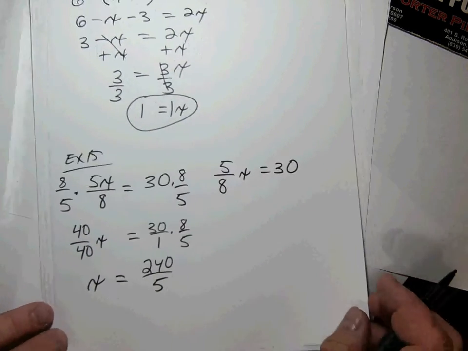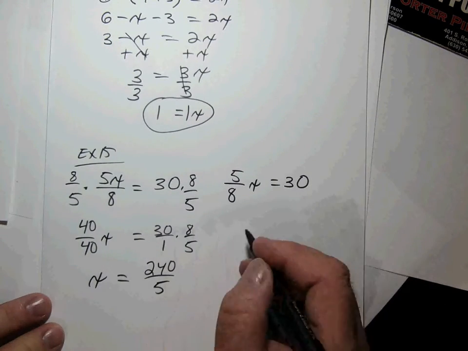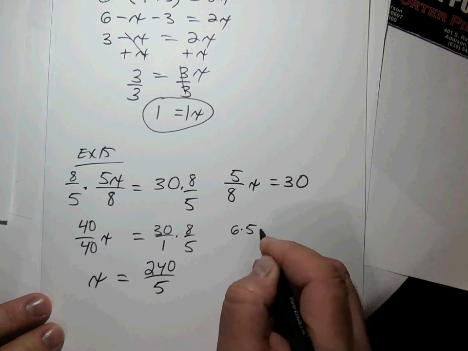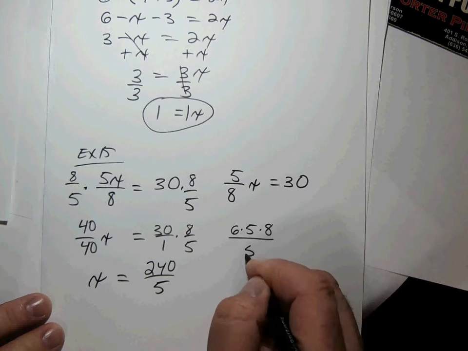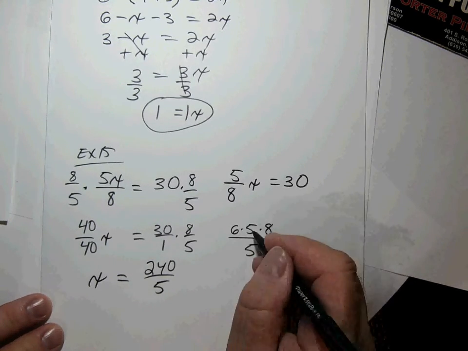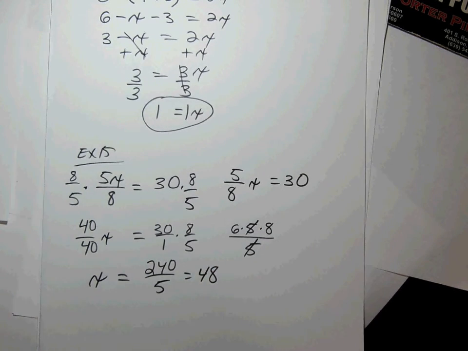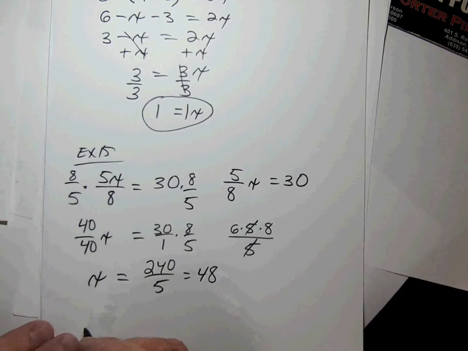I don't have my calculator sitting here, but if we did it the other way, we'd say that 30 is really 6 times 5, and then I had times 8, and then divided by 5, so the 5's cancel. So it's really just going to be a 48. Okay? All good there? x equals 48.